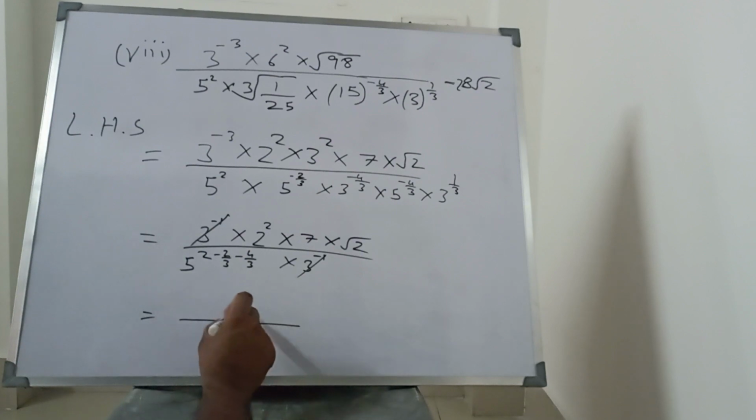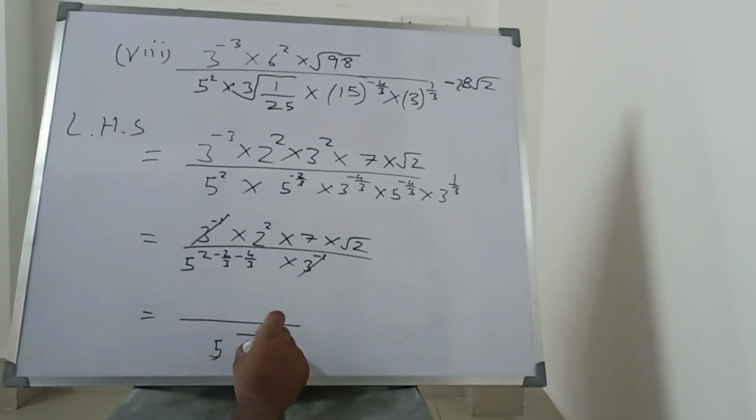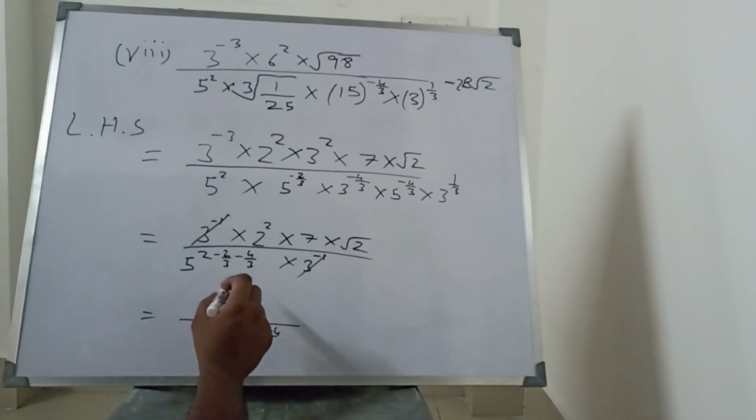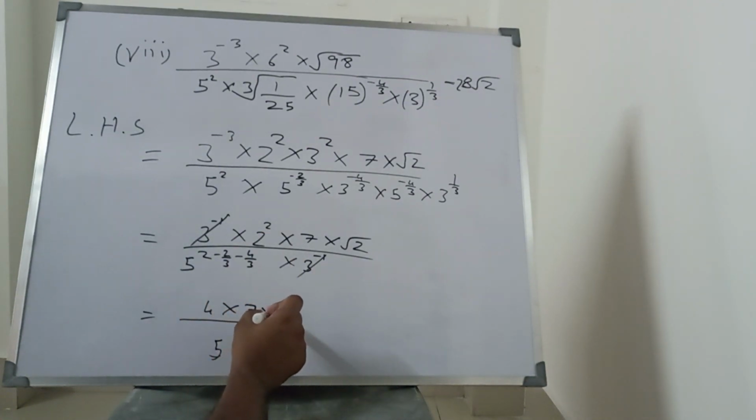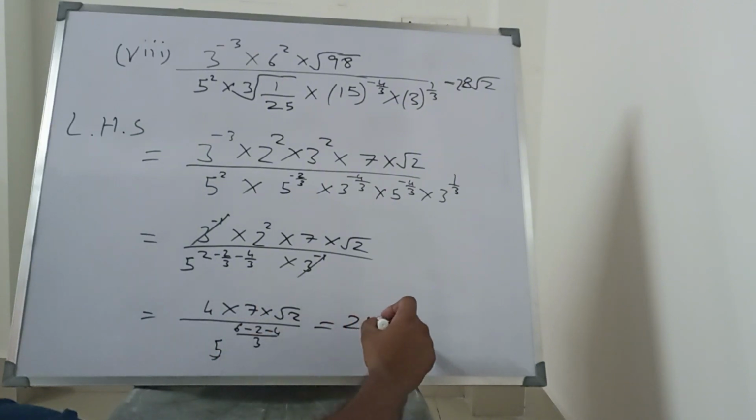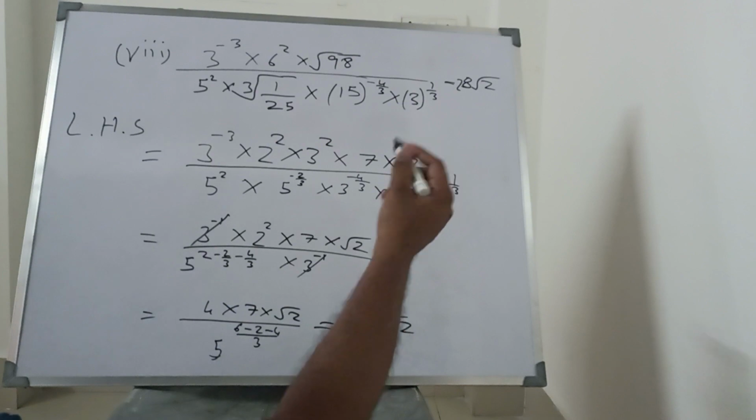How? 5 raised to the power, LCM is 3, so it's 6 minus 2 minus 4. So that is 0 by 3, that means 0. So anything raised to the power 0 is 1, so nothing to be written. So 4 into 7 into root 2 is left, so 28 root 2. So this is how it is solved.